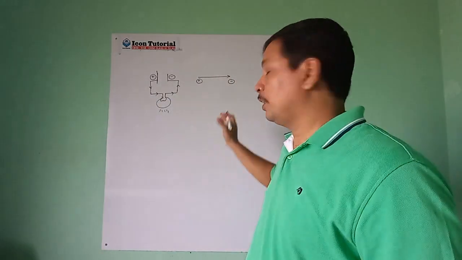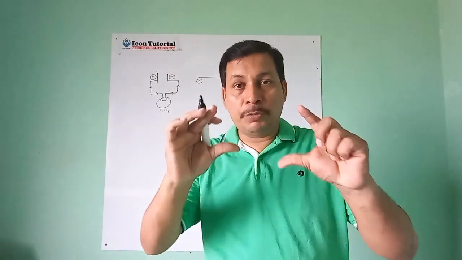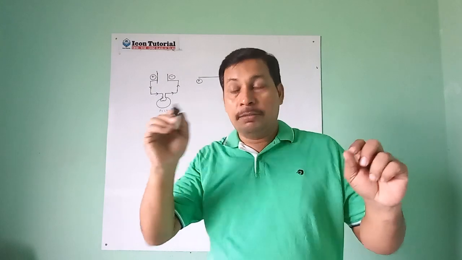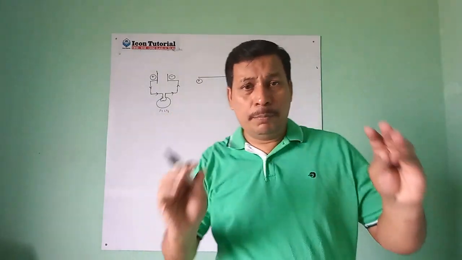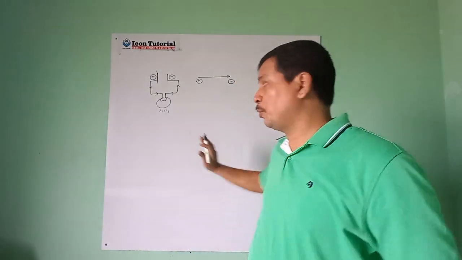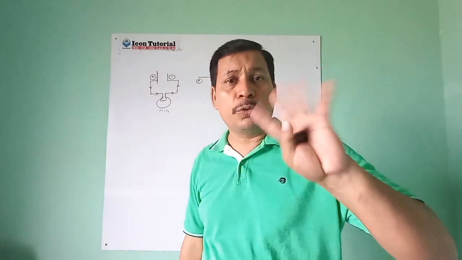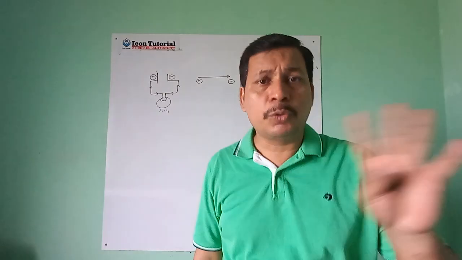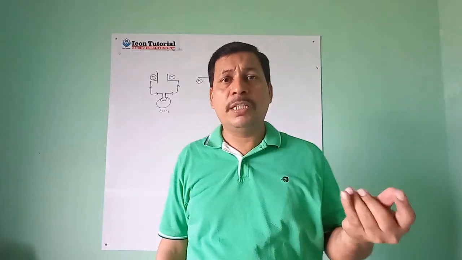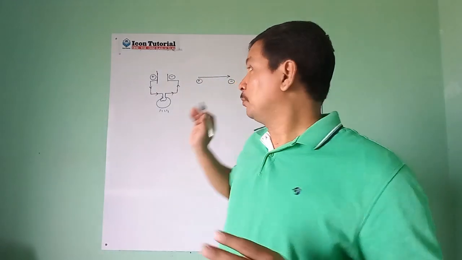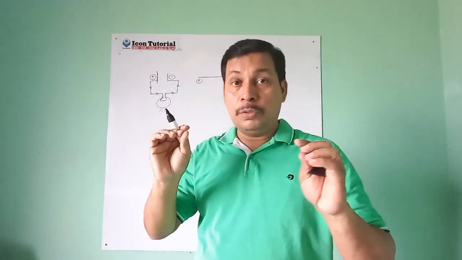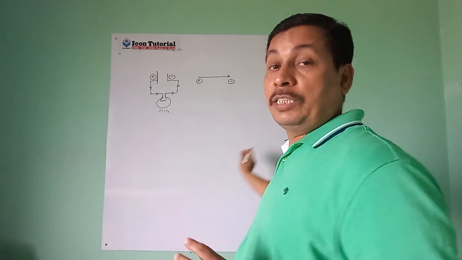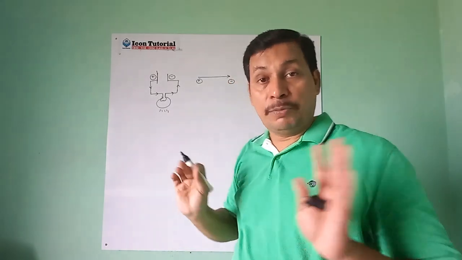Actually, most of the part I can write on the board on a single page, but I don't want to rub the board frequently. That's why I am telling you to zoom the board and see it clearly, so that I can write all the things on the board without any rubbing.